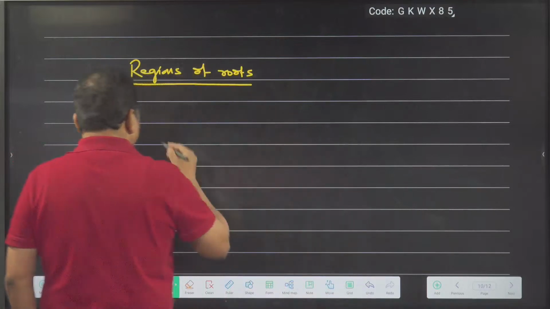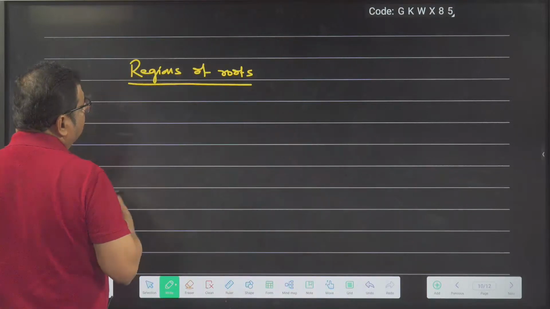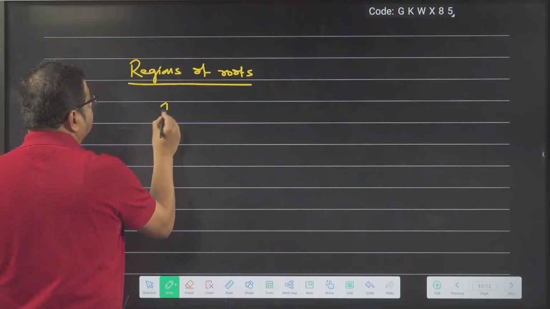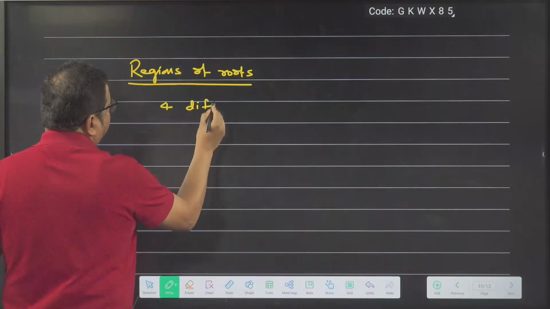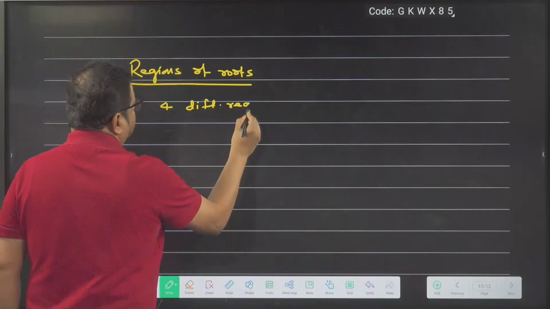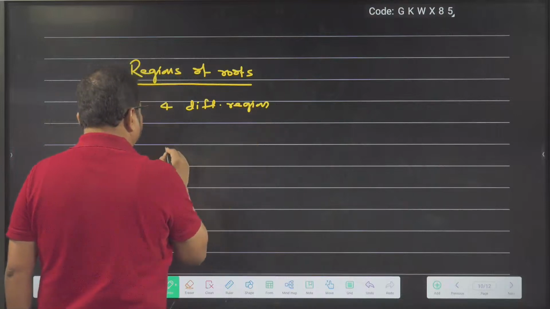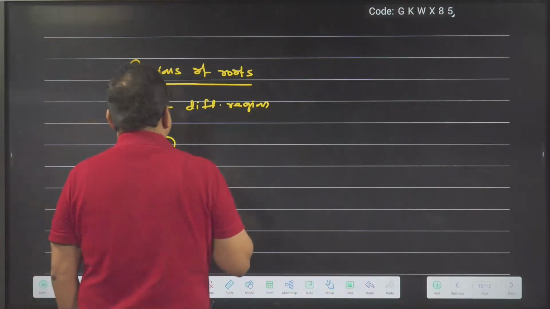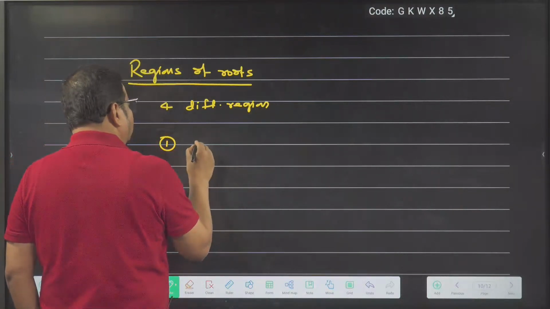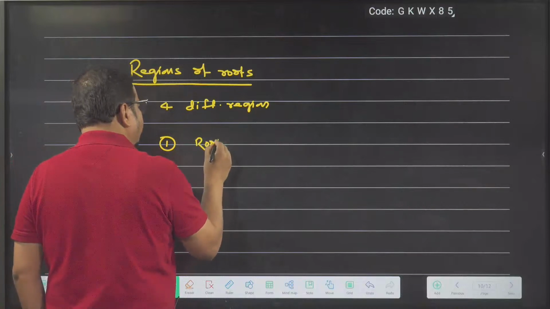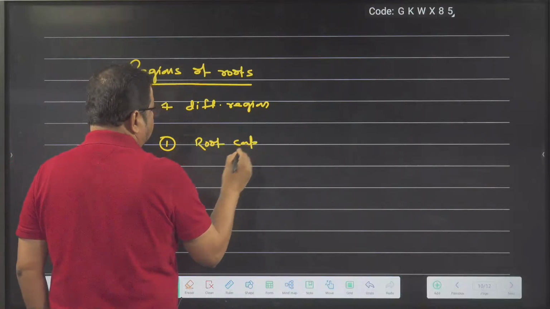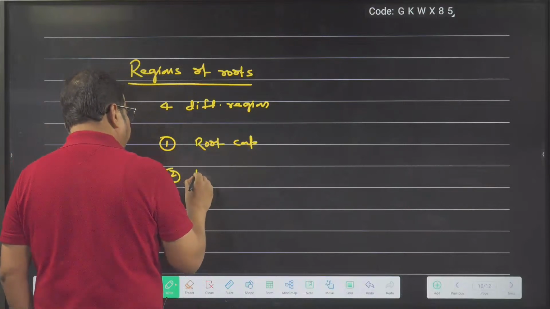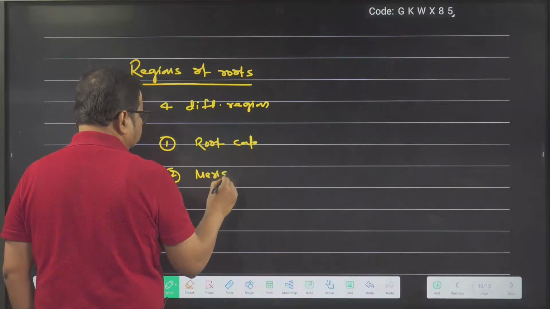So usually how many different regions are present in the root? 4 different regions. First I am writing root cap. Second I am writing meristematic zone.